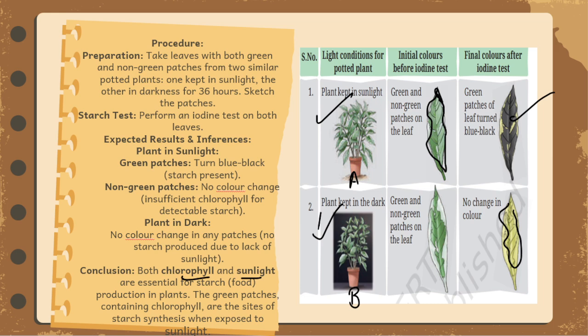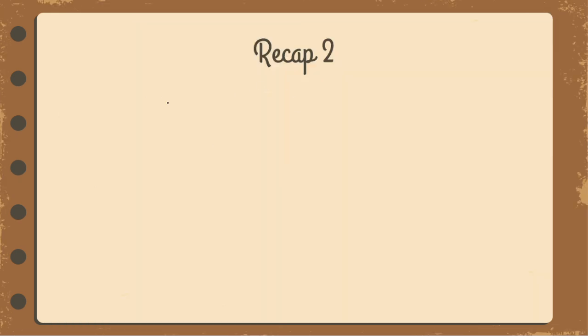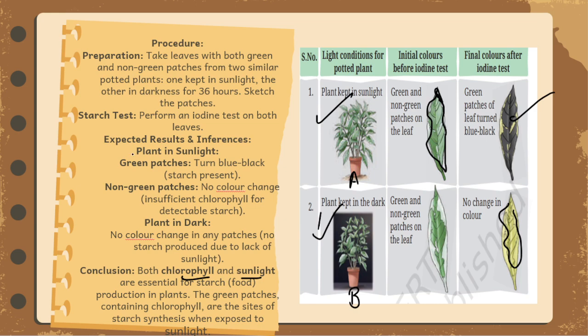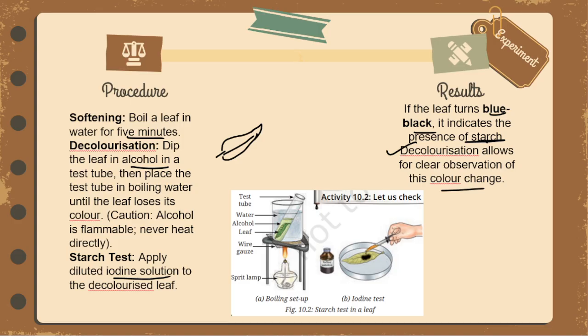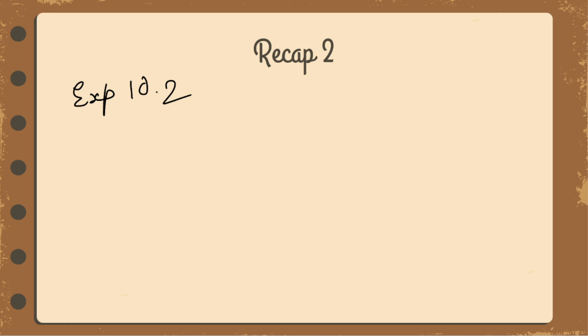or food production. Okay, so we have learned that experiment 10.2, what was it before? In it, you have to decolorize the leaf, basically the alcohol experiment, the starch test, in which we have observed that starch is present.